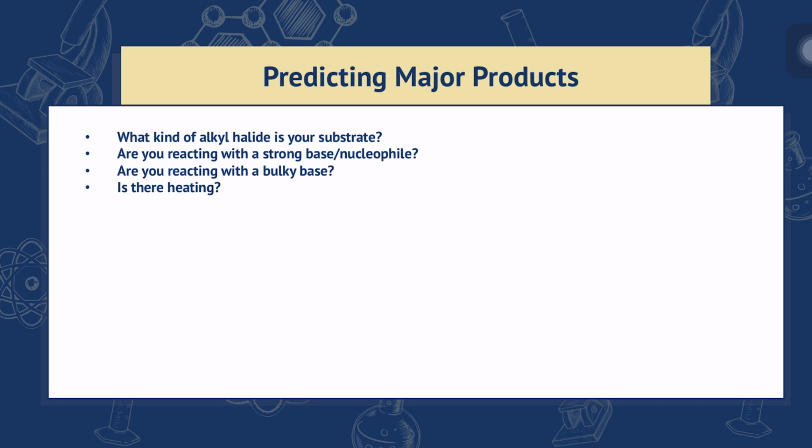So next, secondary alkyl halides. Now you have 4 reactions to consider: SN2, SN1, E1, and E2. Firstly, you'd want to ask, are you reacting with a strong base or nucleophile? Let's say a strong base, meaning OH, OR. If yes, then you're more likely going to be dealing with E2 or SN2.